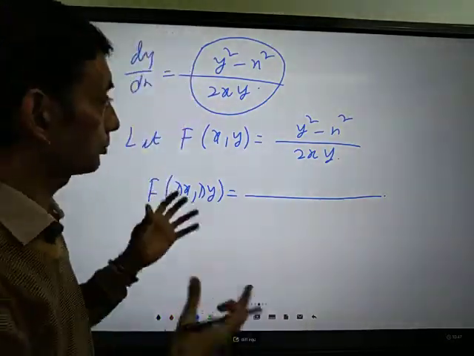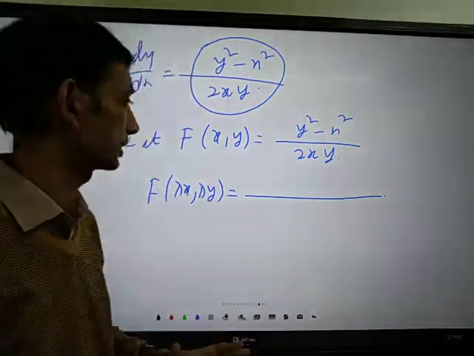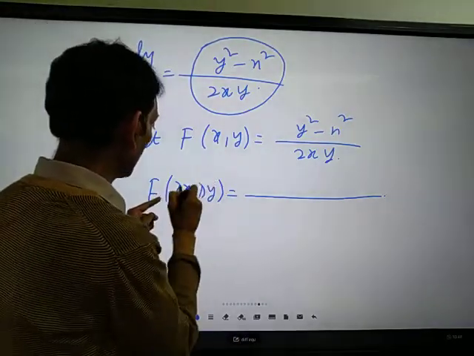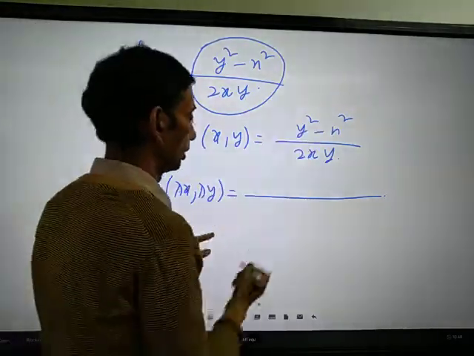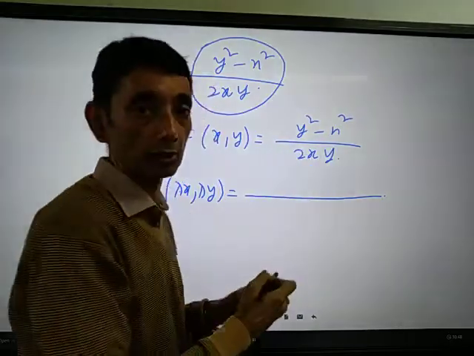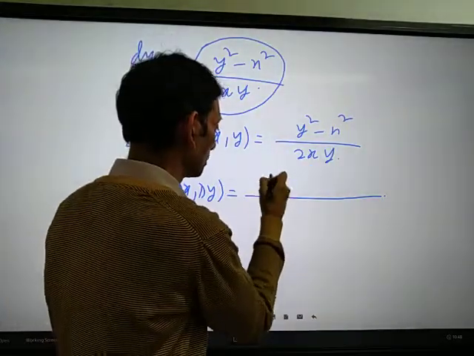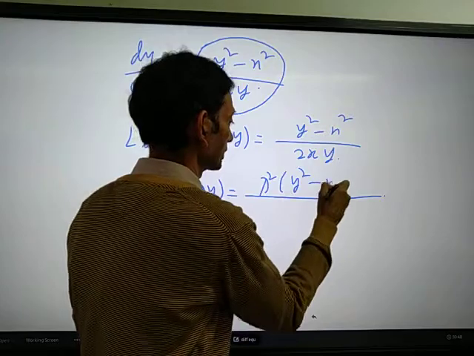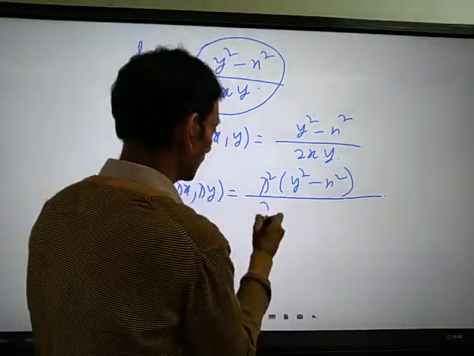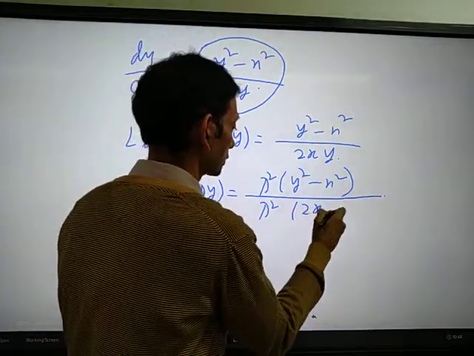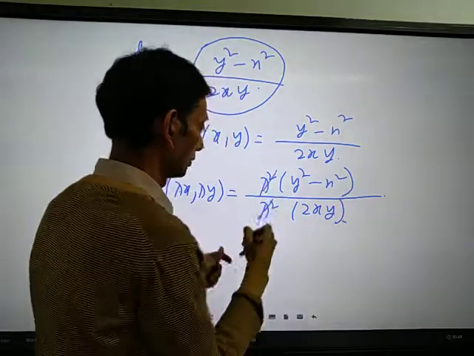That point we have not discussed till now. We are going to discuss that, right? If we replace x by lambda x, y by lambda y, then y square will be lambda square y square. So we can take lambda square common. So it will be y square minus x square, and from lambda square, if you take common, this will be twice xy, so it will cancel out, right?